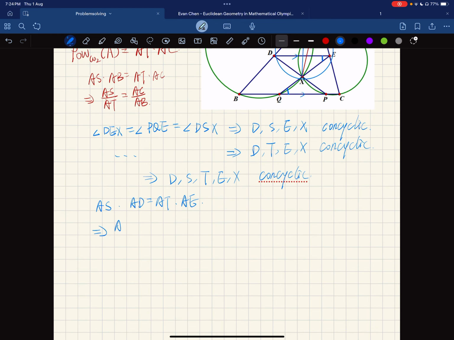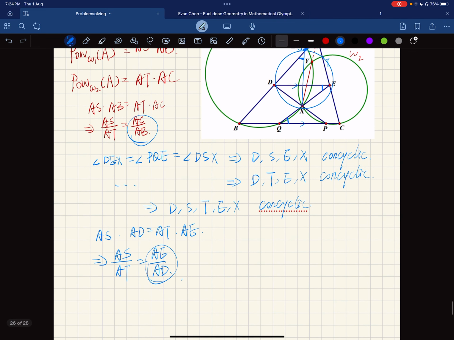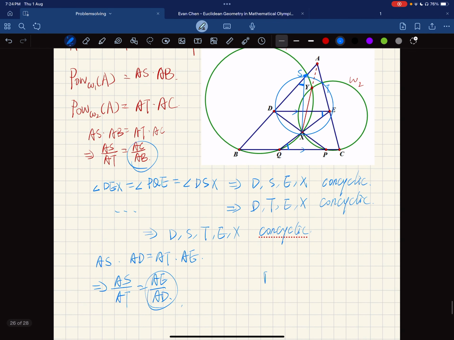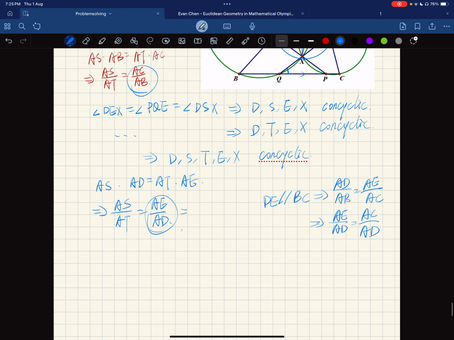So that means AS over AT equals AE over AD. So what is the relationship between AC over AB and AE over AD? Notice that DE is parallel to BC, so AD over AB equals AE over AC. That means AE over AD equals AC over AB.